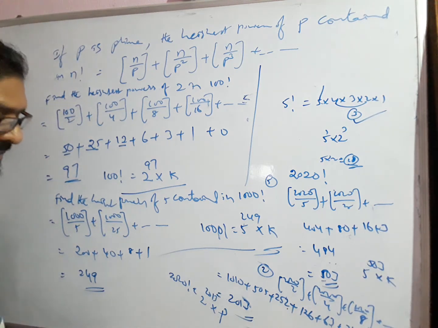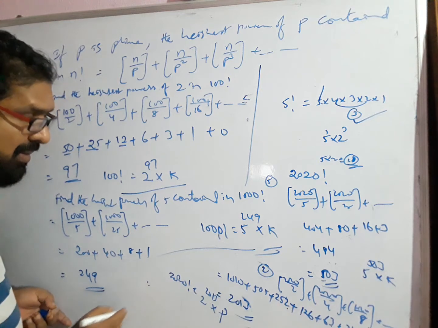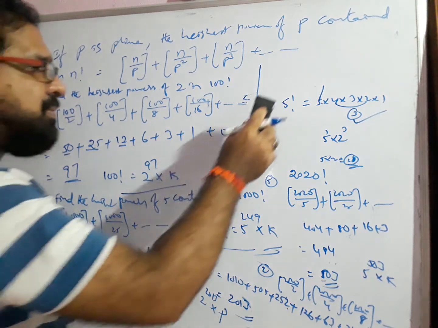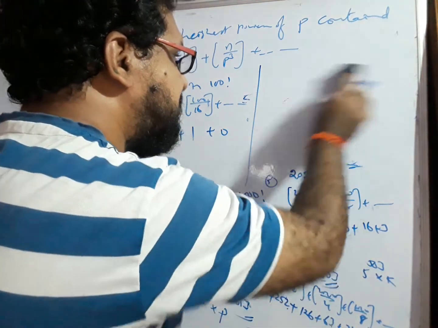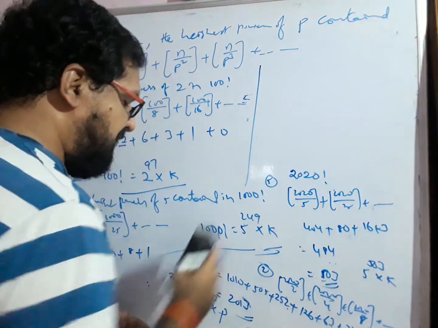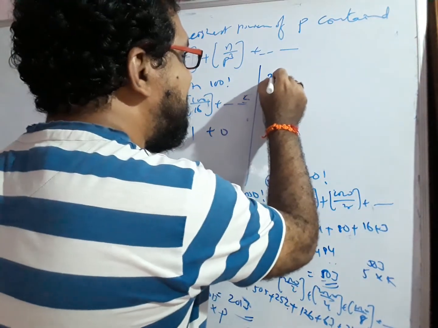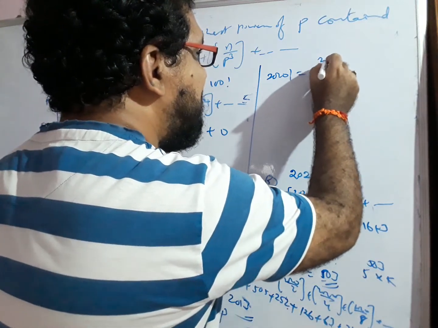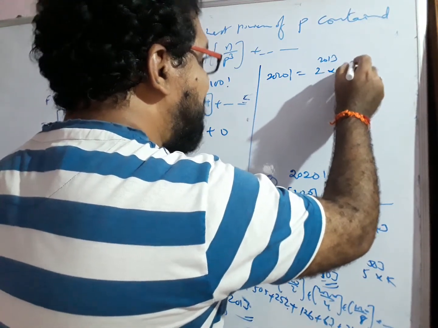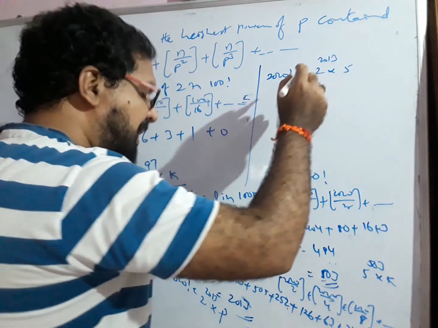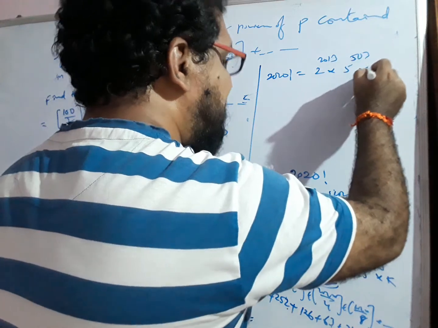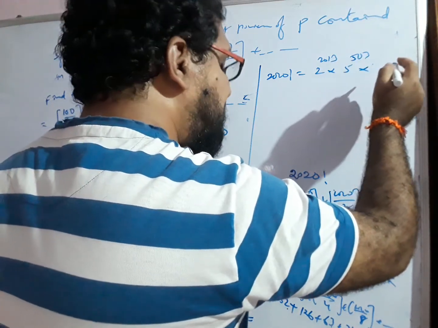So the number of zeros at the end of 2020 factorial is equal to 2 power 2013 into 5 power 503 into k.